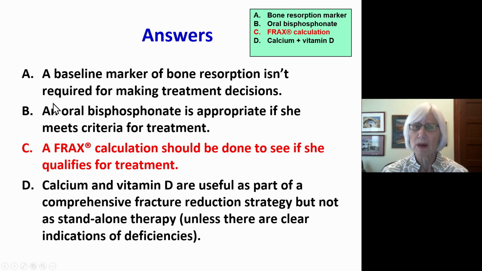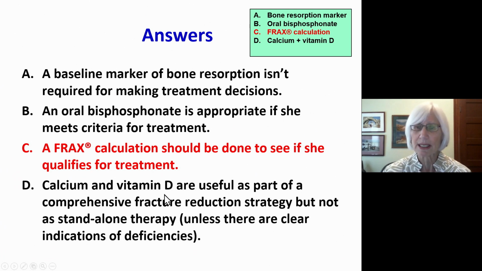So a baseline marker of bone resorption, which we'll talk about a bit later, is not required for making treatment decisions. It is nice for monitoring whether a patient is taking their medication and getting a response from the medication. Oral bisphosphonate is appropriate if she meets criteria for treatment, but you don't know that yet.